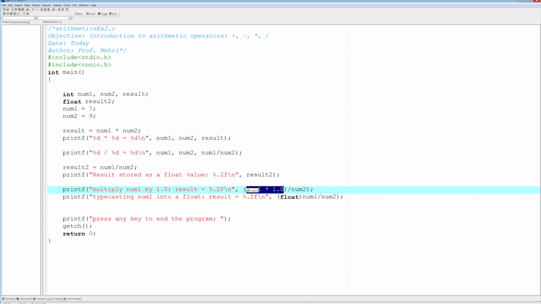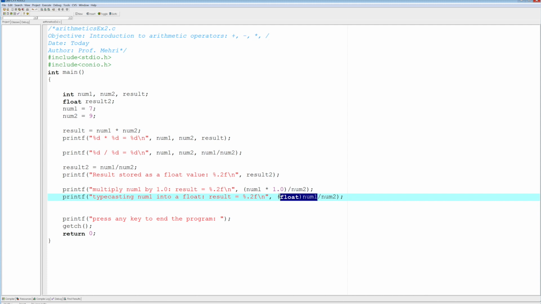That gives us an idea of some of the properties of multiplication. If you typecast, which means you change the data type of a variable into something else right here, num1 is still an integer, but temporarily during this operation, this numerator would be considered a float.